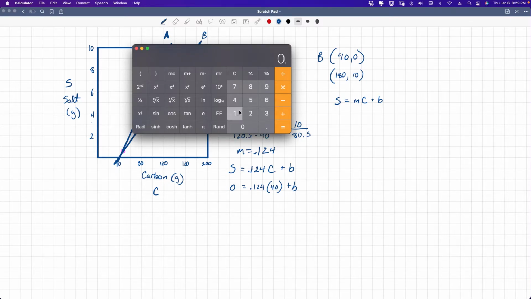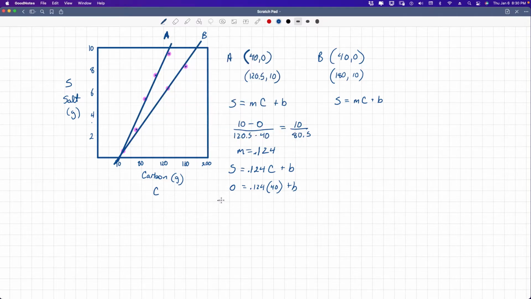All right, so 0.124 times 40 equals 4.96, and that's going to be a negative. So negative 4.96 is equal to B. Because it was over here, I had to subtract it to get it over here so I could solve for B. That's why it's negative.